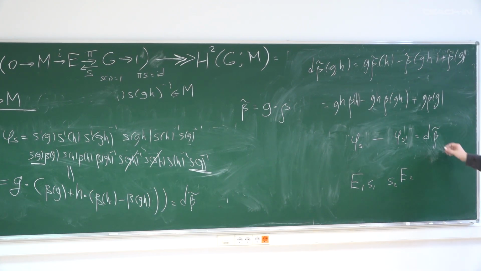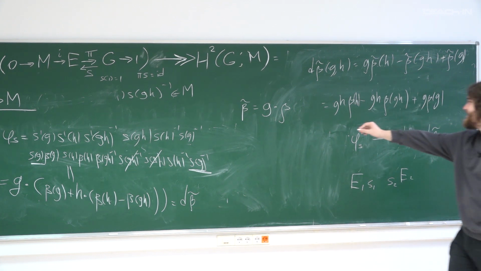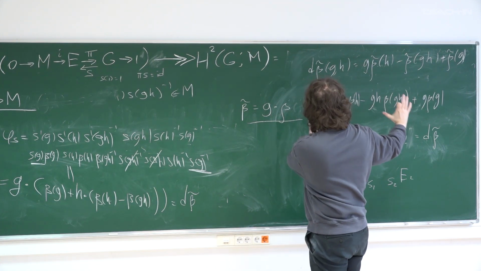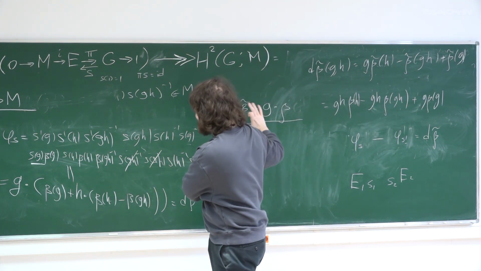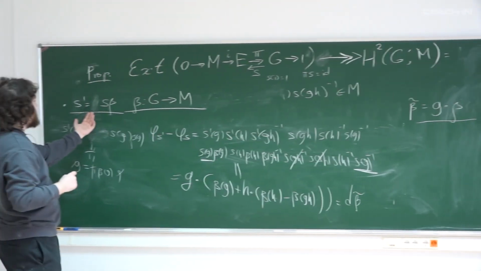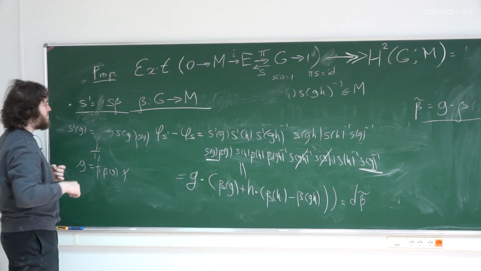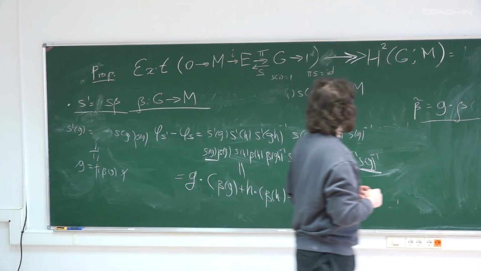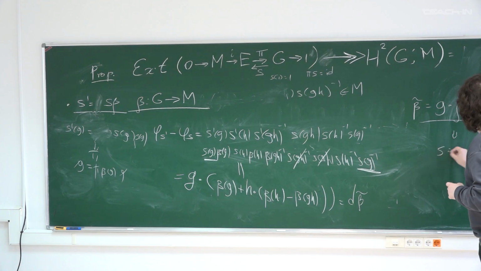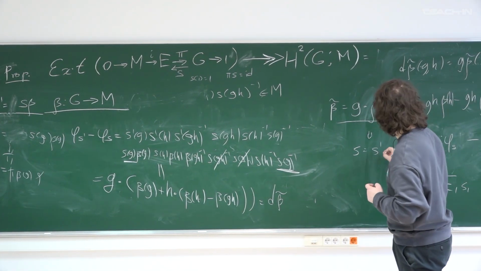If I consider this B tilde and define beta by this equality, another function, then by this calculation in the inverse direction, I obtain that for this beta, the sections differ exactly by this beta. So this means that the sections differ by this beta.